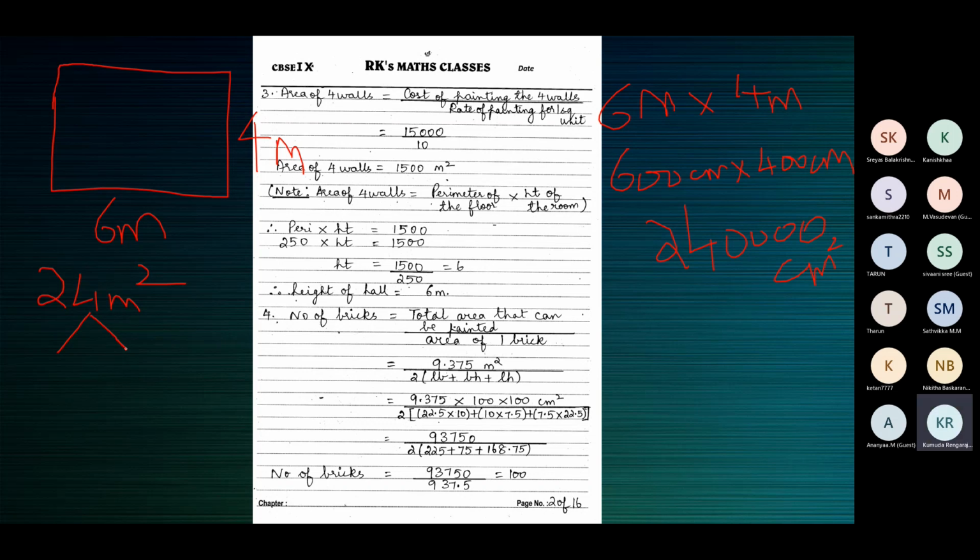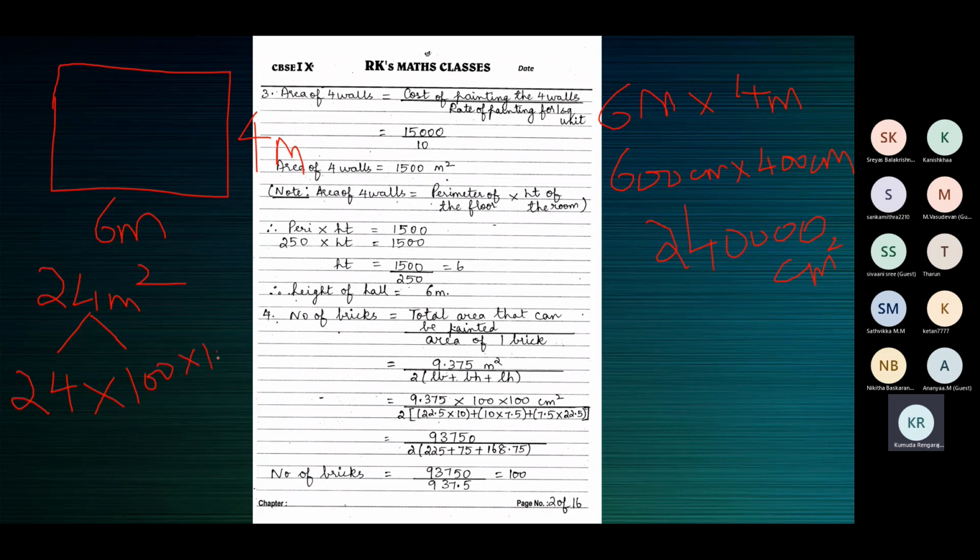To convert 6 meters to centimeter, multiply by 100. 4 meters to centimeters, multiply by 100. So to convert 24 meters square to centimeter square, you need to multiply by 100s. Not 100, 100s. Whatever you have to do, do it 2 times, that's all.